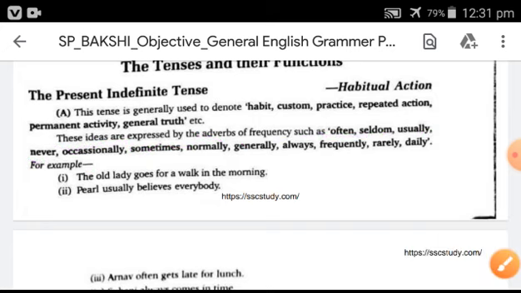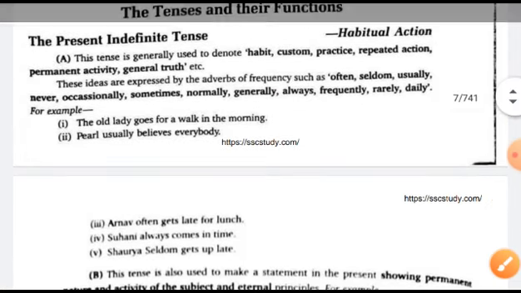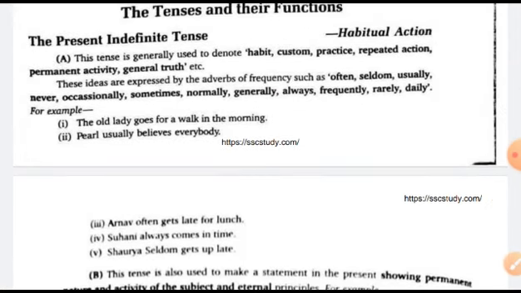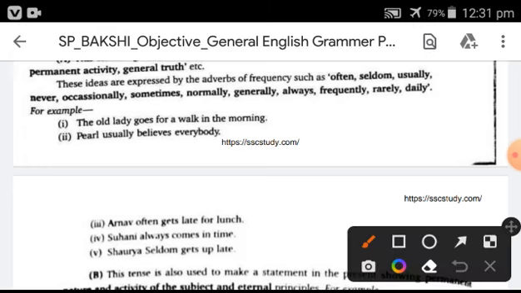Let's talk about some interesting examples. First sentence is, the old lady goes for a walk in the morning. How can you decide this sentence should be written in present indefinite? Here is the answer: the old lady goes for a walk.